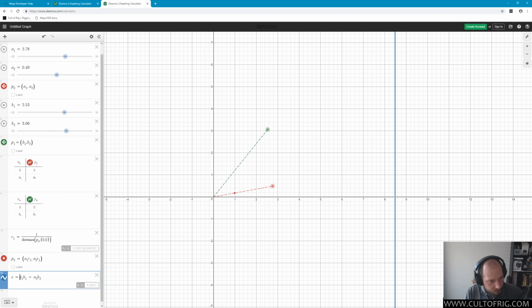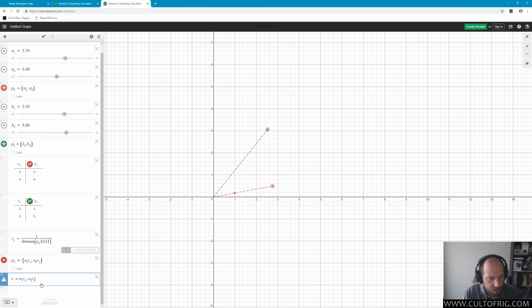So A1, P2, what am I doing here? One of the things, and it may be possible and I don't know about it, you can take P2 and do .x or something like that. Oftentimes you'll find yourself copying and pasting or making these equal to some variable and then pushing it in there. You're going to run out of space reasonably quickly.